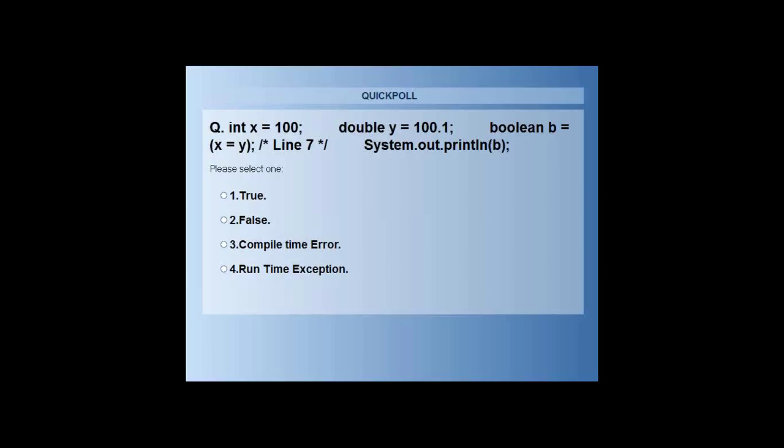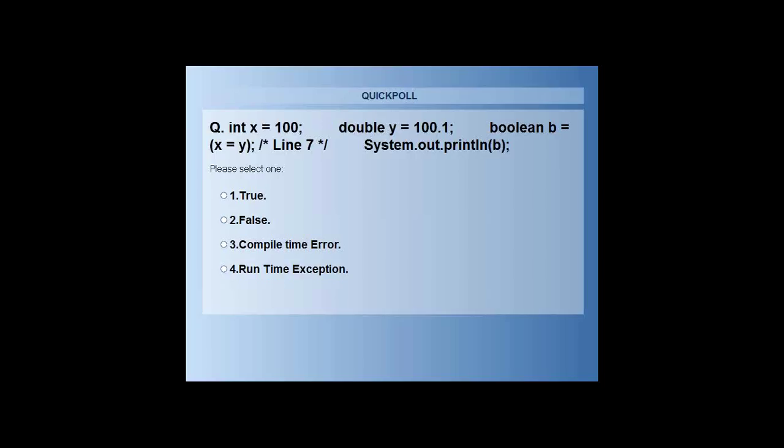So here I create a variable x equal to 100. Then I create a double y equal to 100.1. Alright, so I have created two variables here.